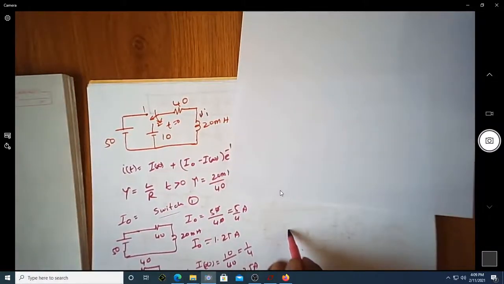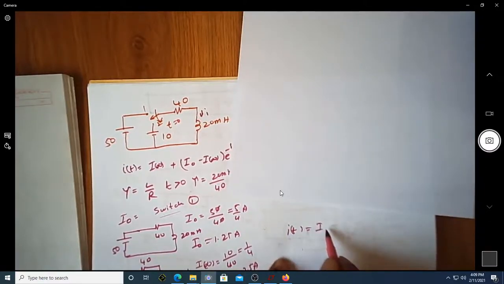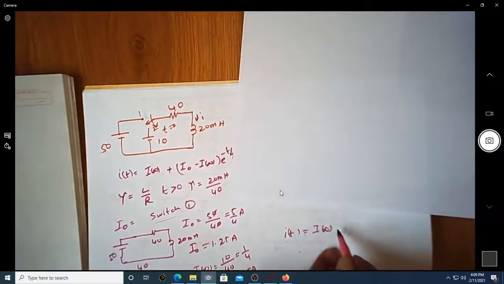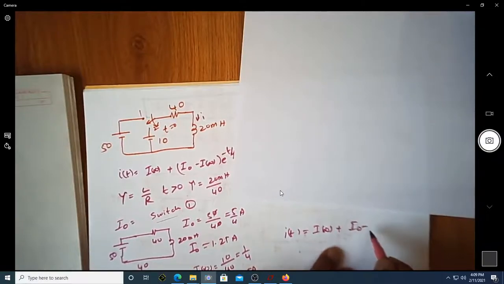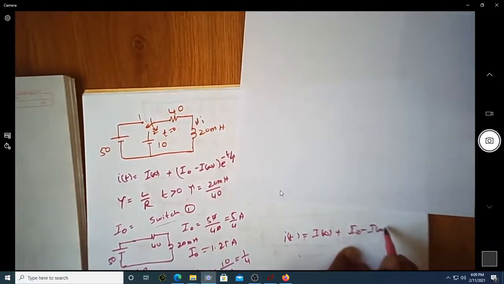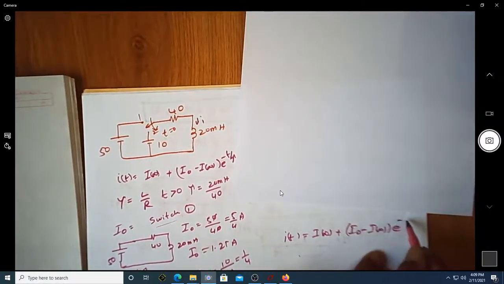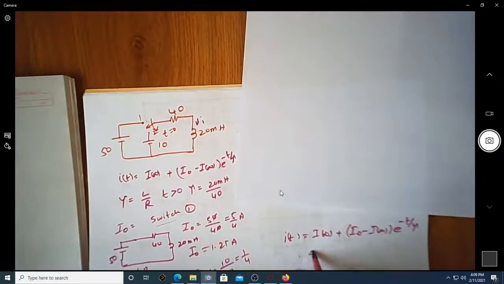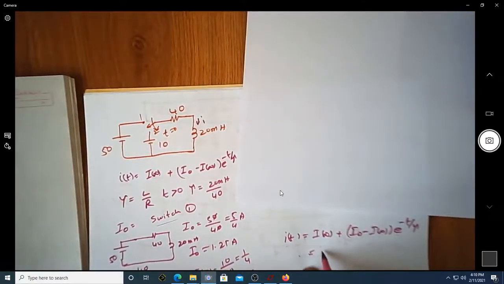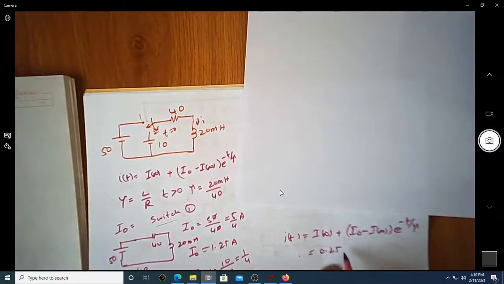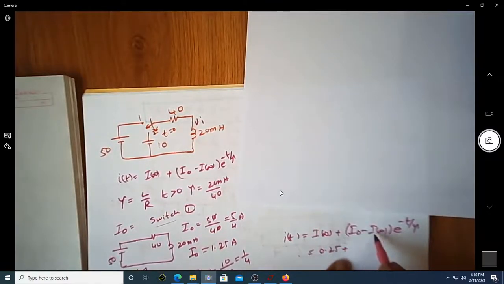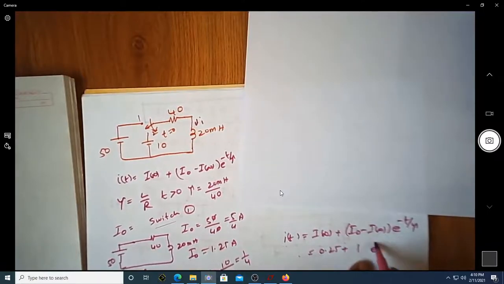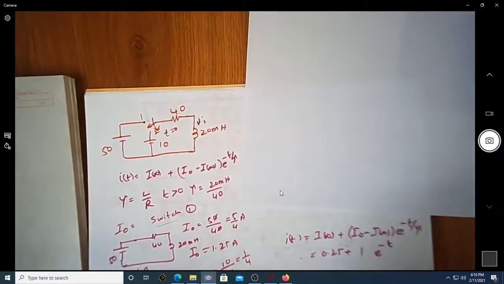So if I want to write the exact expression, I of t is equal to I infinity plus (I naught minus I infinity) times e power minus t by tau. I infinity is 0.25, plus 1.25 minus 0.25, which is 1, times e power minus t by tau.